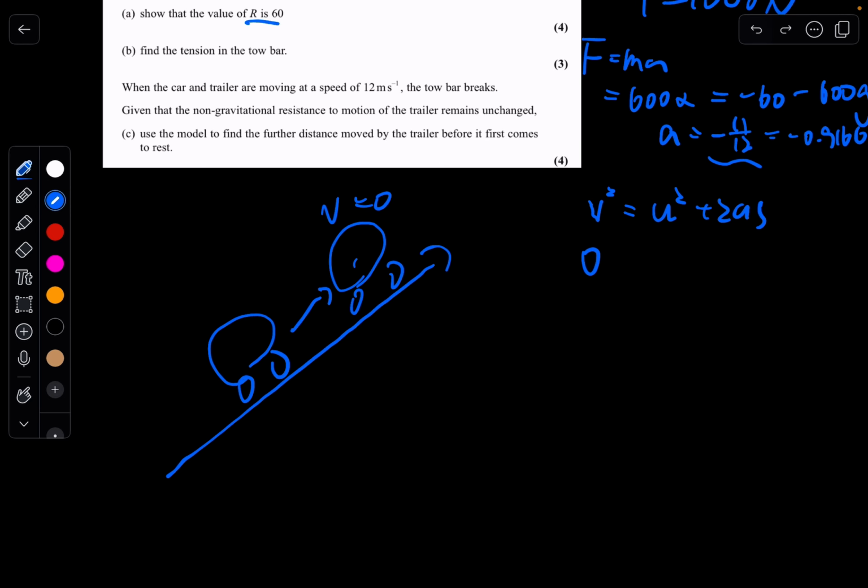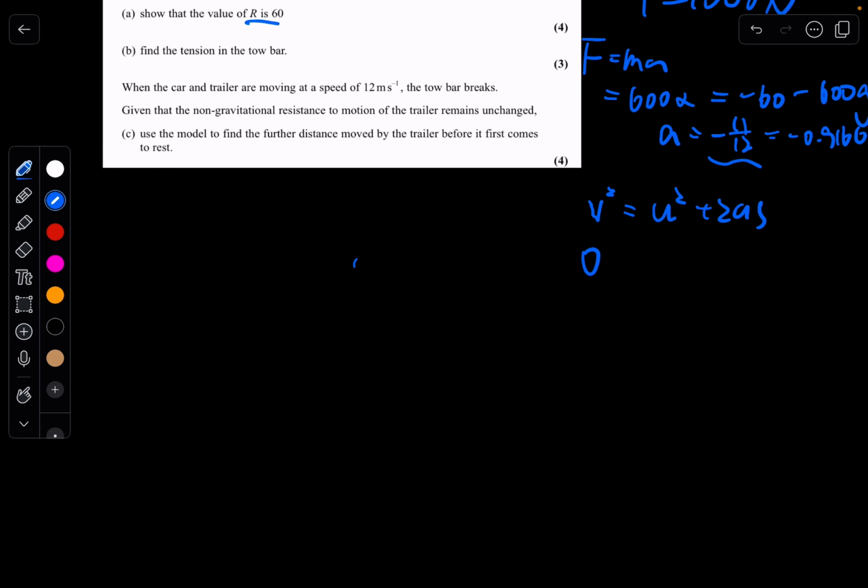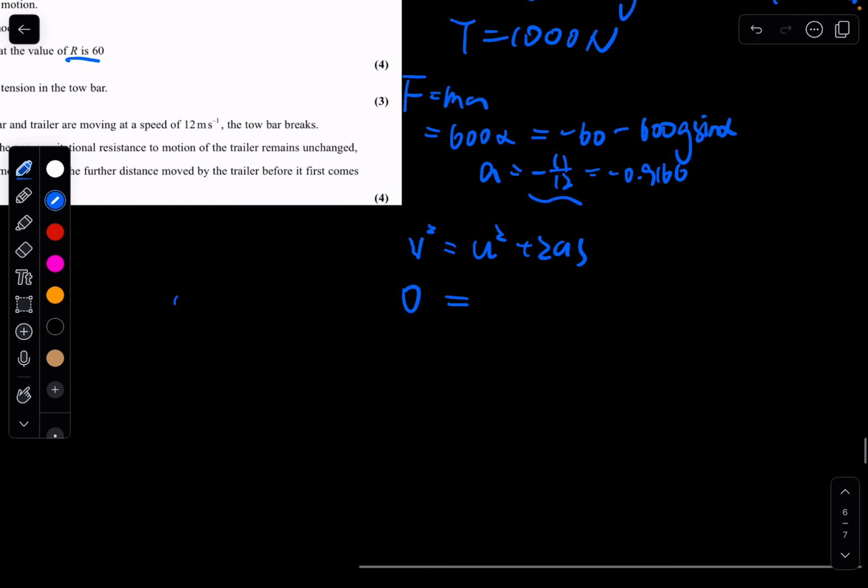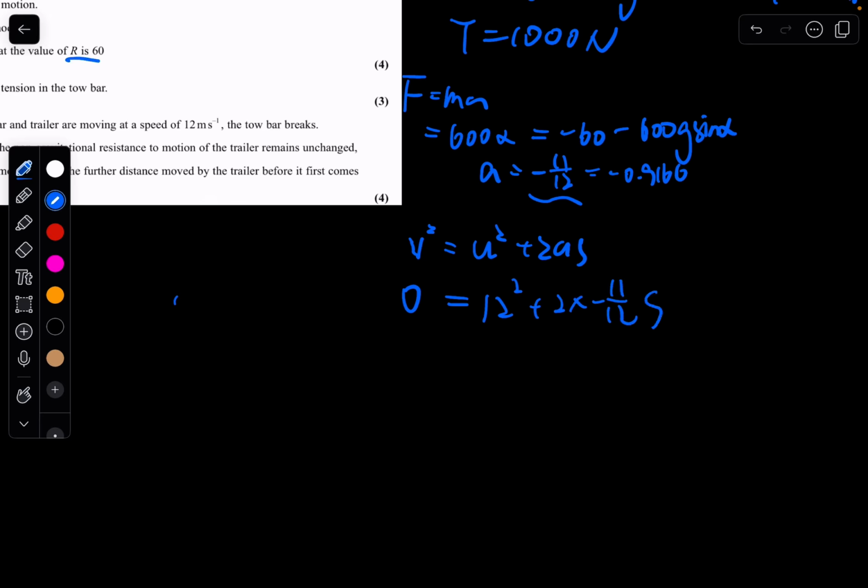So v equals 0 must be the furthest point. So u squared is 12 squared, and then plus 2 times this, and then this, and if we solve for this, s would be equal to 78.5 meters.